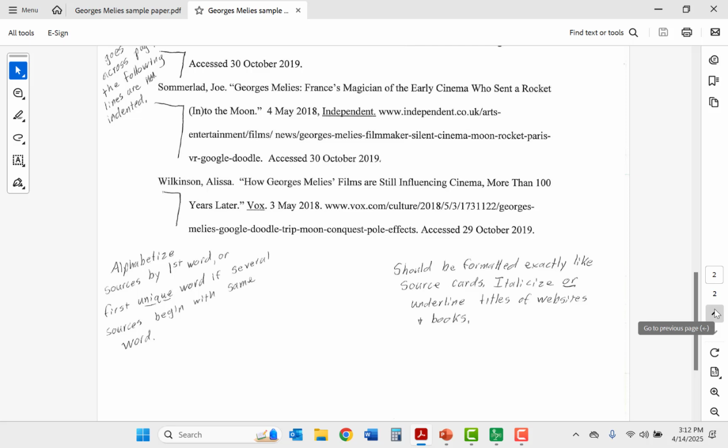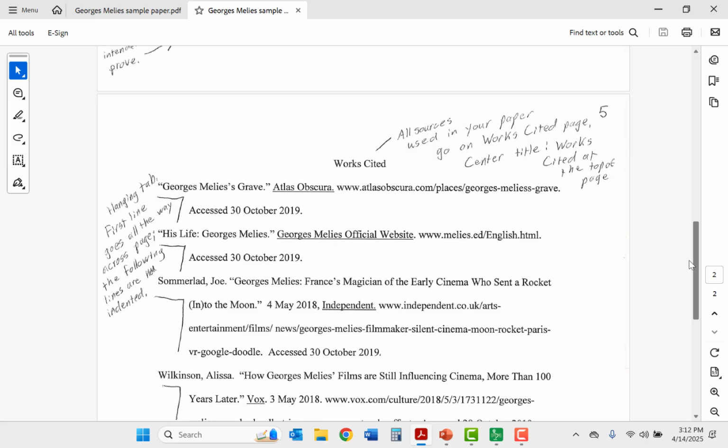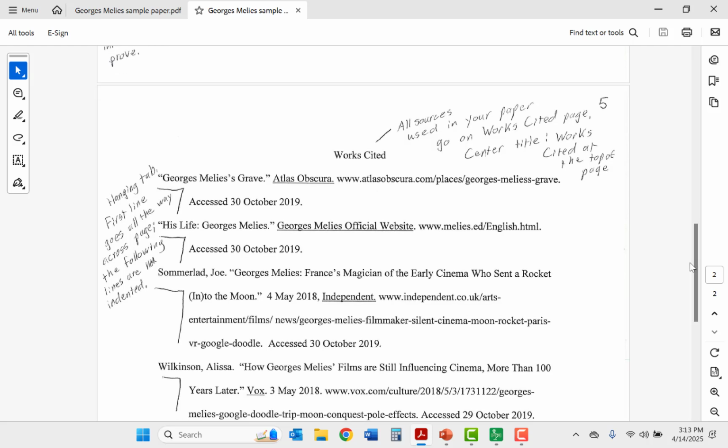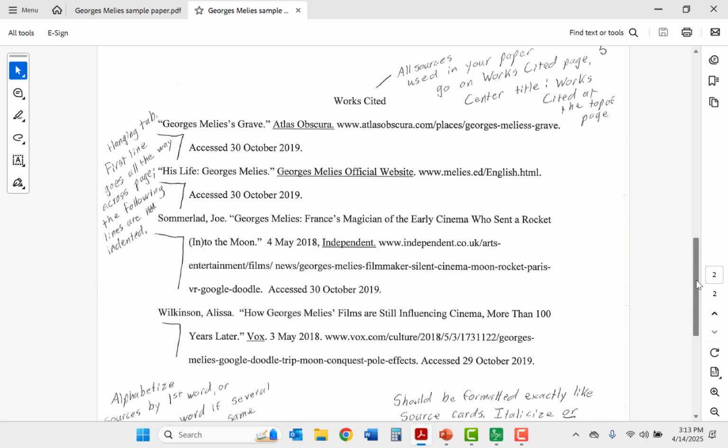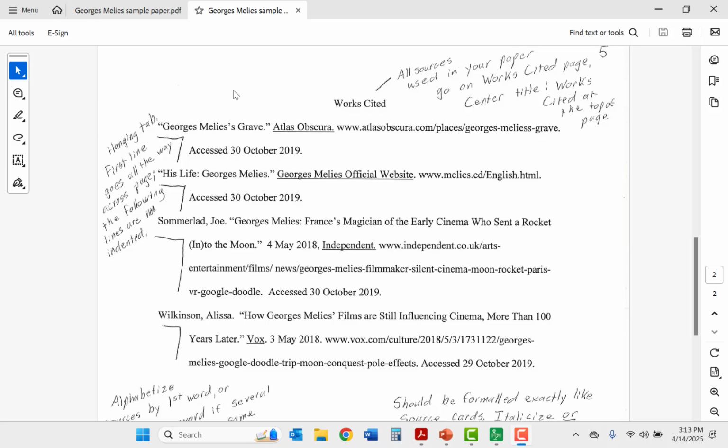So this should be formatted exactly like your source cards. And for the names of websites and things like that, you can either italicize or underline. When you did your source cards, you would have underlined them because we can't really italicize by hand very well. So you can see here Vox, Independent, and so on. Those are underlined. But again, italics or underlining is fine for that.